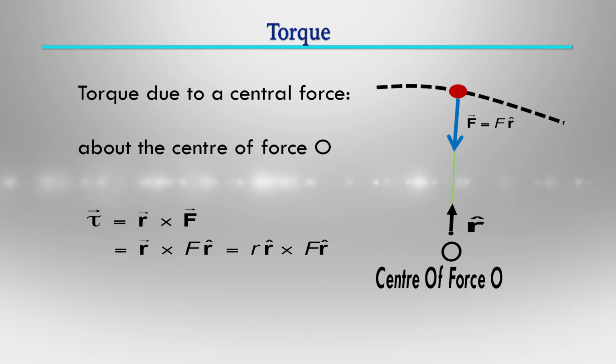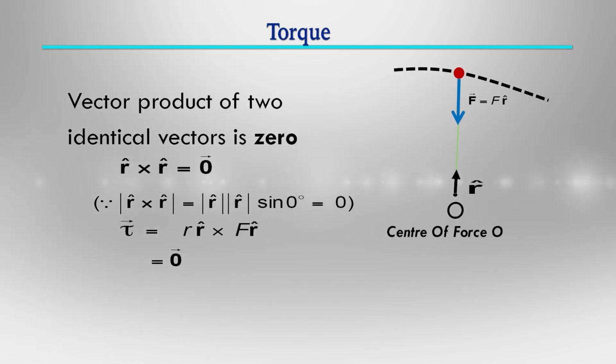So the torque due to the central force can be written as r into F into the vector product of the unit radial vector with itself. So what can we say about that? Now you know that the vector product of two identical vectors is always 0. Why is that? Because the magnitude of a vector product is the product of the magnitudes of each of the vectors multiplied by the sine of the angle between them.